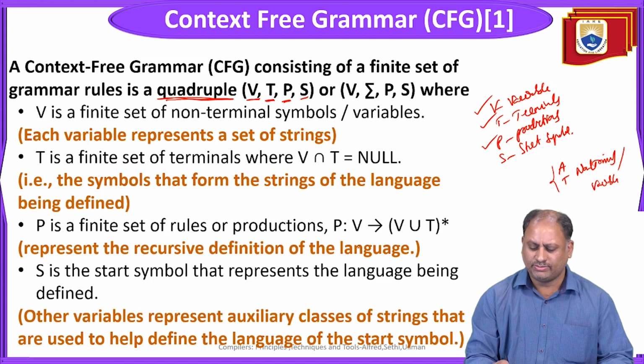In this, we are going to define the productions, which consist of variables and terminals. That means a combination of variables and terminals, and it is represented by a notation such as head, an arrow mark, that is the deriving symbol, followed by the body.